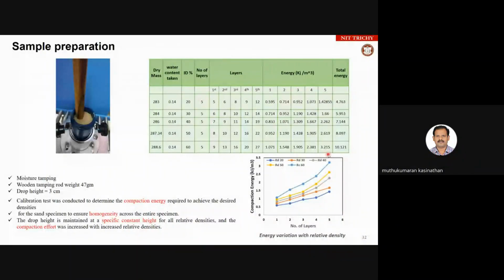Relative density 20 is at the bottom, relative density 60 is at the top, so the energy varies according to the required compactness in the soil. Using this principle, we adapted the type of relative density we wanted, and we developed a device for that.